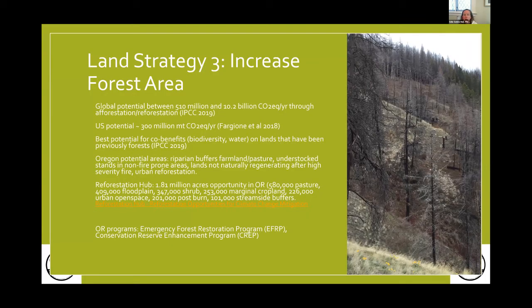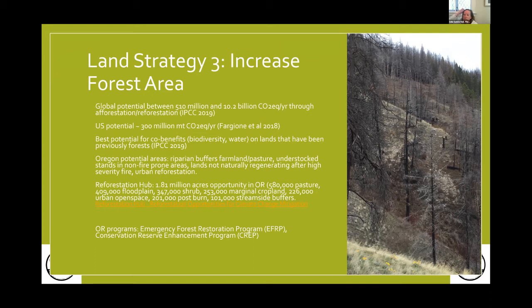Okay, now we're moving on to increasing storage. So land strategy 3, plant more trees. This is a really big one, and there's a lot of potential both globally and also in the US. But it is not generally preferred to just go out and plant trees anywhere.